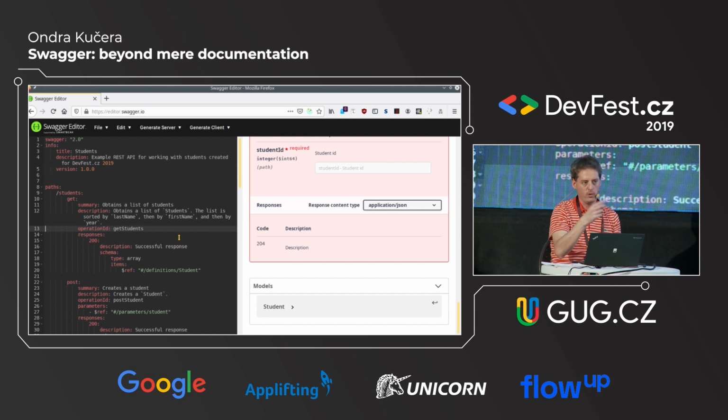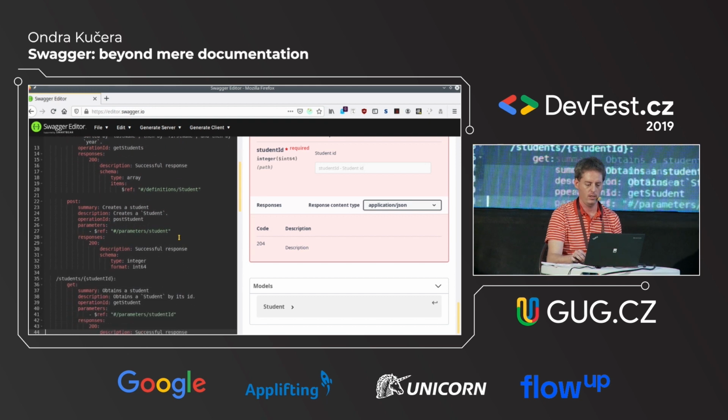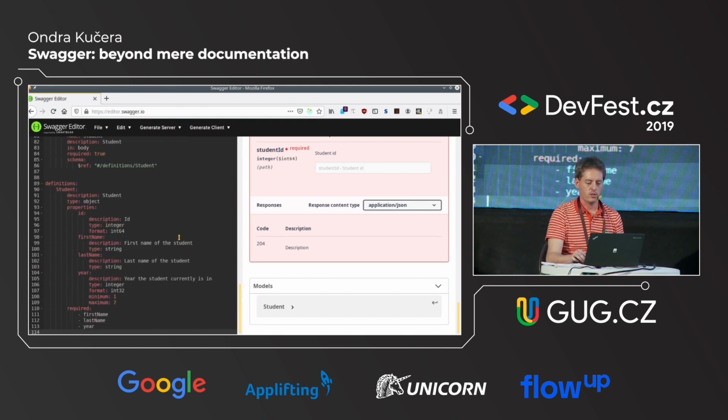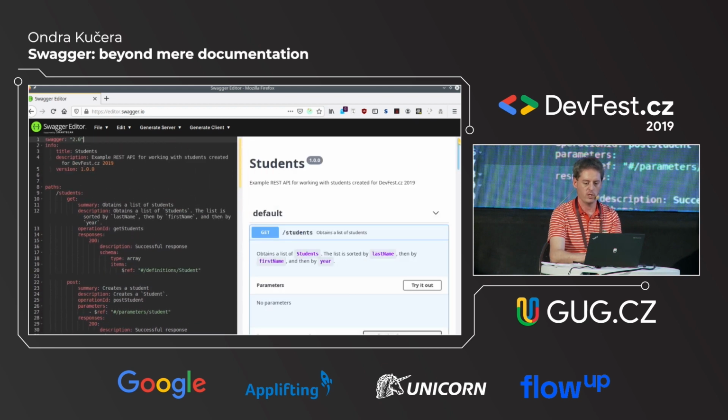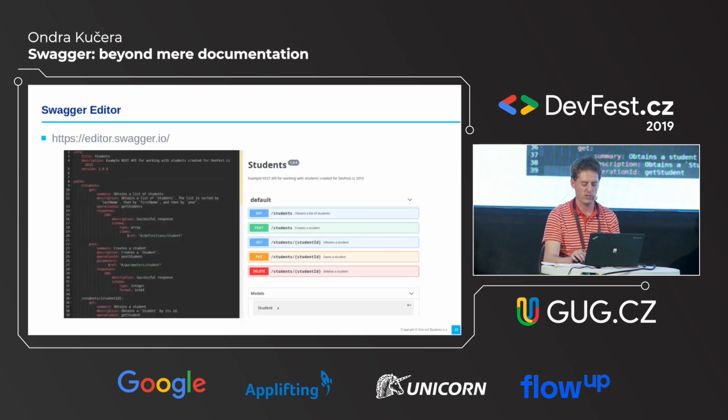I fix the errors and go back to my favorite editor, whatever it is. OK. So this is my REST API that I will be using, pretty much working with students. Let me go back to presentation.